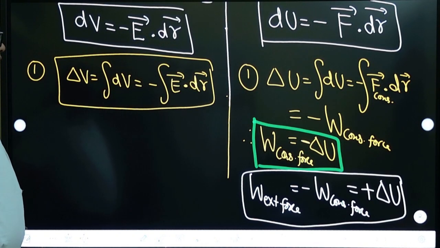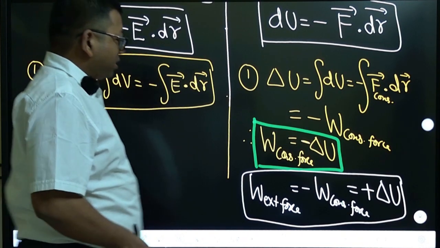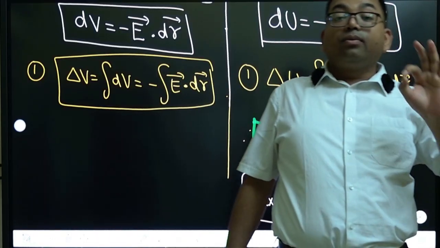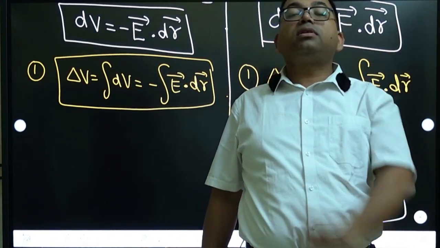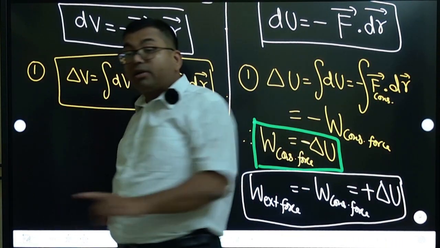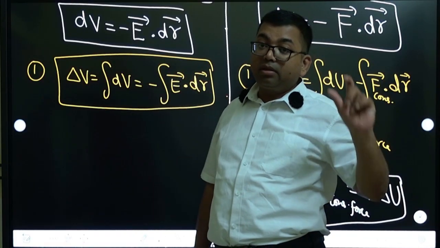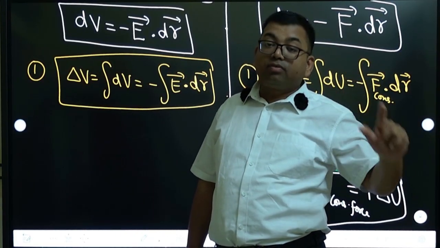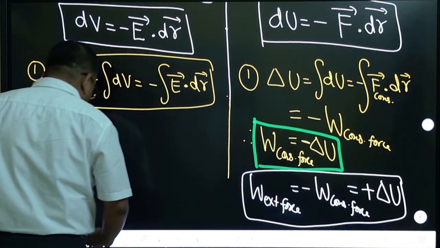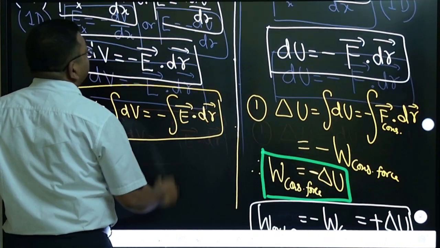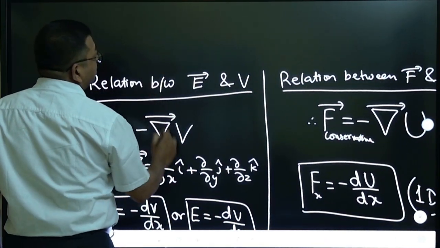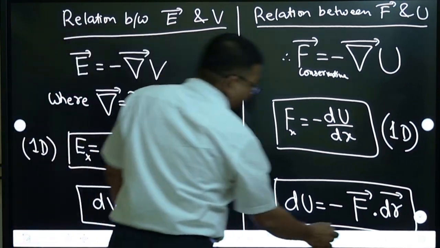And in all this process, note a very important thing: in all this derivation which we have done, we have slowly moved the test charge. Note, this is a very important thing. If you want, you can write that word in the definition also, that the test charge you are bringing slowly or gradually. This definition which we have written here, where is that? Previous slide.